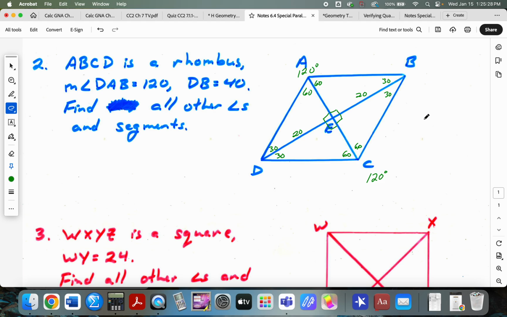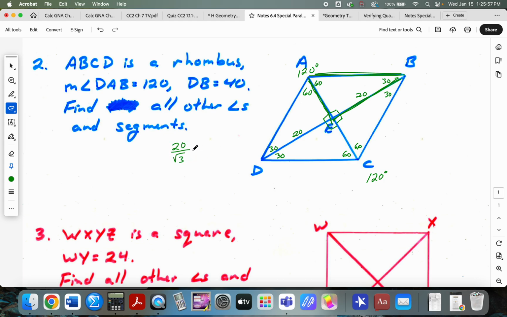All right, so now what do I do? Which side of the 30, 60, 90 triangle do I have? Let's say I'm looking at AEB, for example. The long leg. Yeah, I've got the long leg. What do I have to find next? The short leg. How do you find the short leg? Divide by the square root of 3.